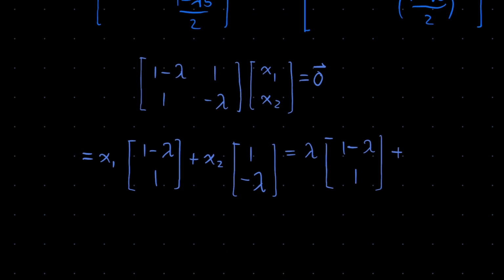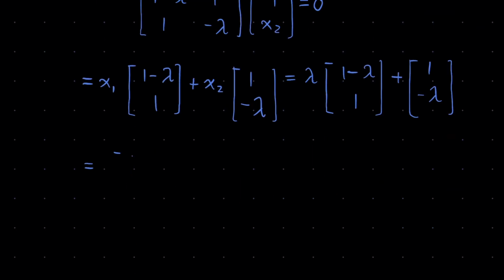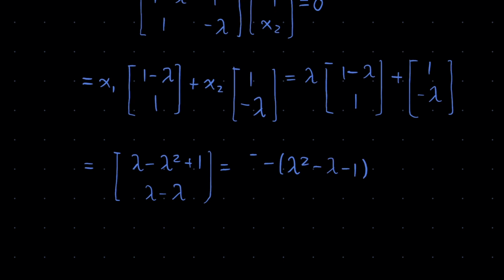If we set x2 equal to 1, we directly have the second column without any scalar multiple. And this directly yields us lambda minus lambda squared plus 1, and then lambda minus lambda. Well, this is equal to lambda squared minus lambda minus 1 all to the negative, and this is 0.